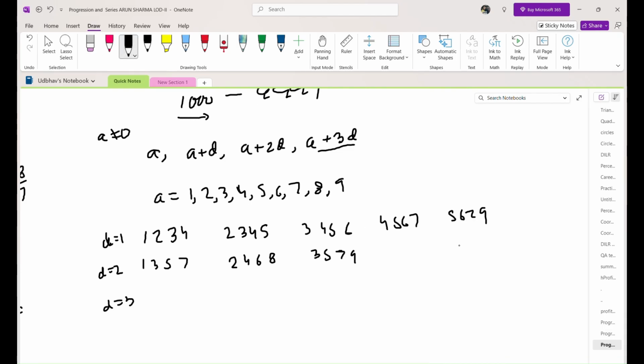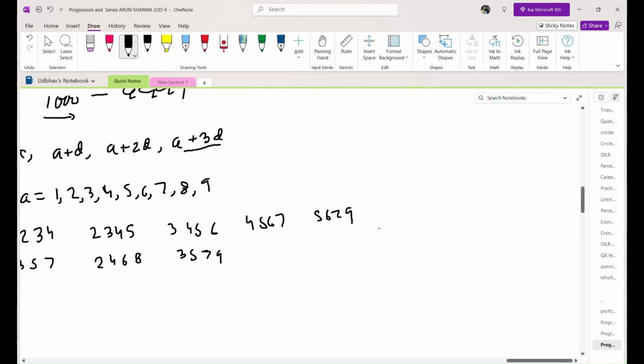Then 5: 5, 6, 7, 8; 5, 7, 9. Again, this won't work. So after that, only D equal to 1 will satisfy: 5, 6, 7, 8; 6, 7, 8, 9; and after that, this won't work either.